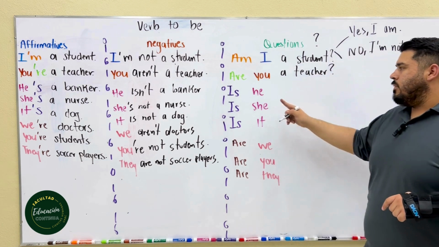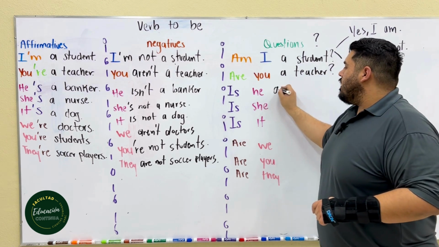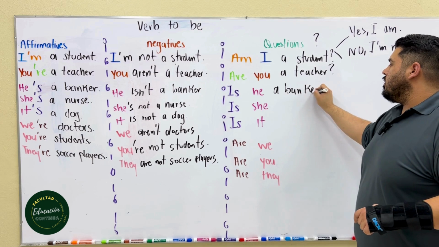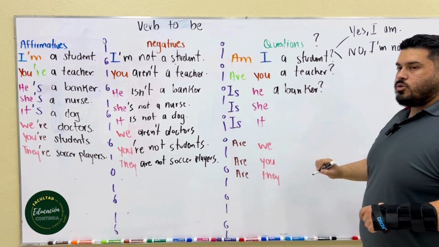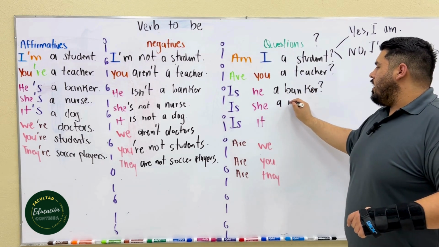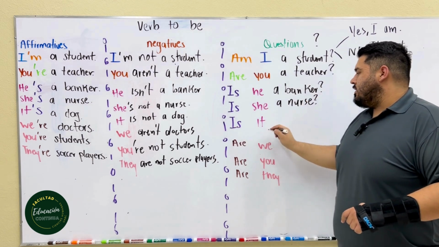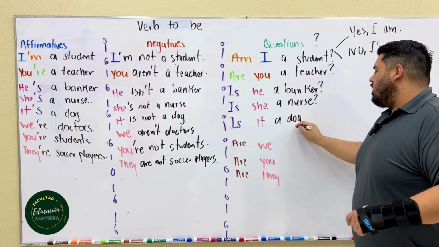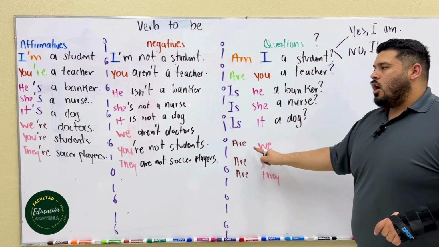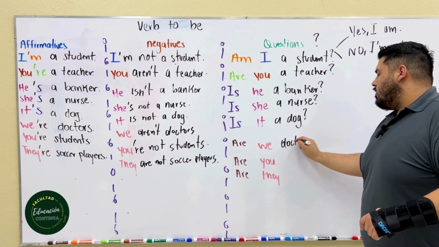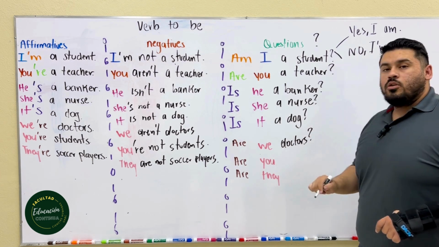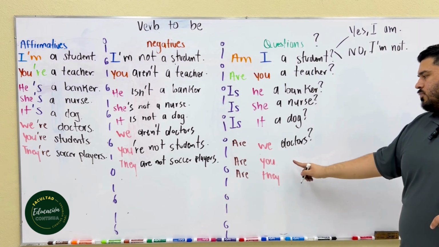It's okay? So, is he a banker? Question mark. Is she a nurse? Question mark. Is it a dog? Question mark. Are we doctors? Question mark. Then we have the next one.